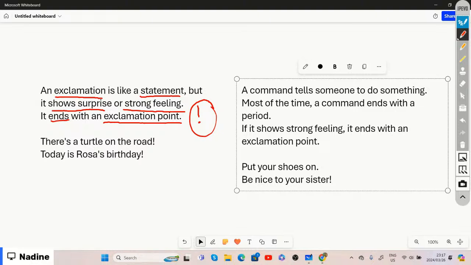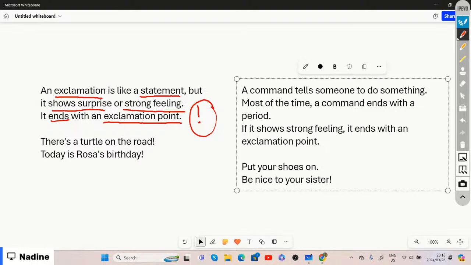So imagine you are driving with your parents in the car and you see a turtle on the road. Your dad or your mom, whoever is driving, is not watching, but you see this turtle, and it looks as if your parent is going to ride over this turtle. What are you going to say? Are you just going to say, there's a turtle on the road?